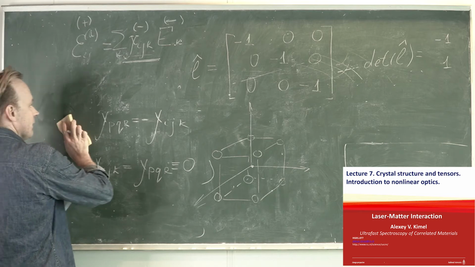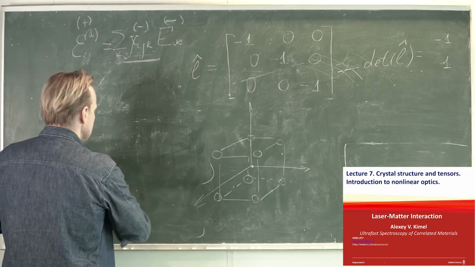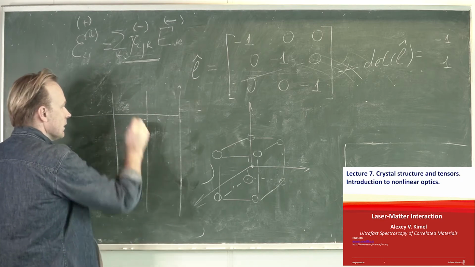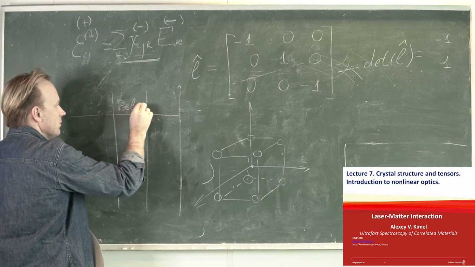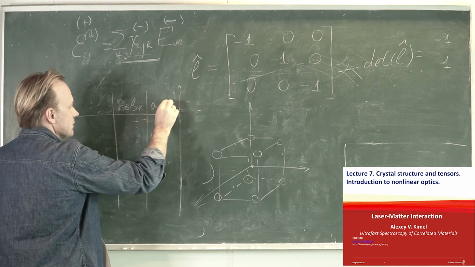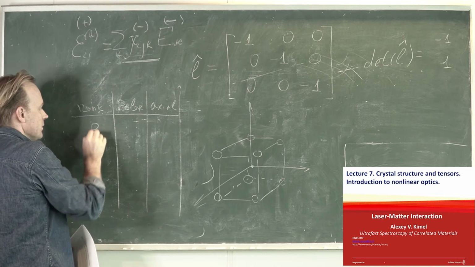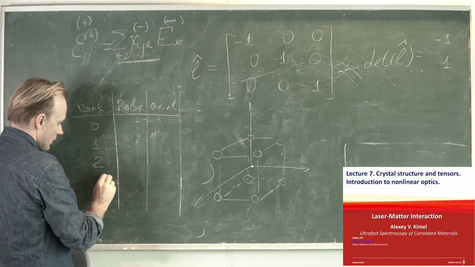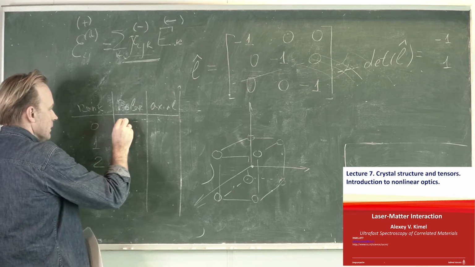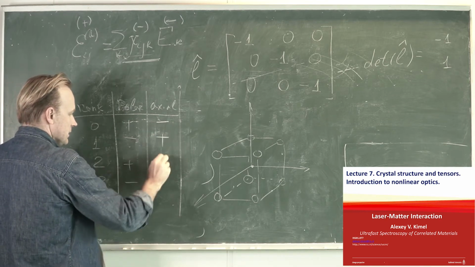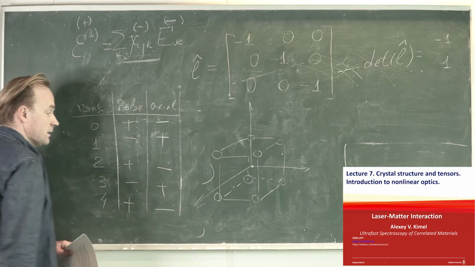that if you look at the original table, which I have just drawn, these are polar tensors, axial tensors, this is rank 0, 1, 2, 3, 4, plus, minus, plus, minus, plus, and here minus, plus, minus, plus, minus.